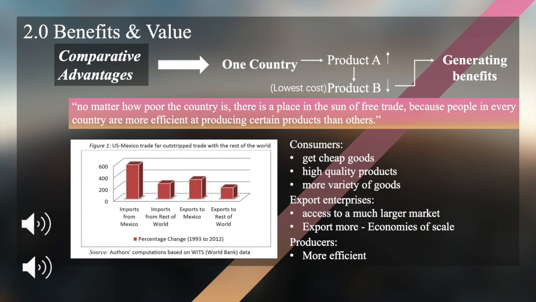For exporters, they have the opportunity to access a larger market and export more, thus creating economies of scale. And producers become more efficient because of comparative advantages.